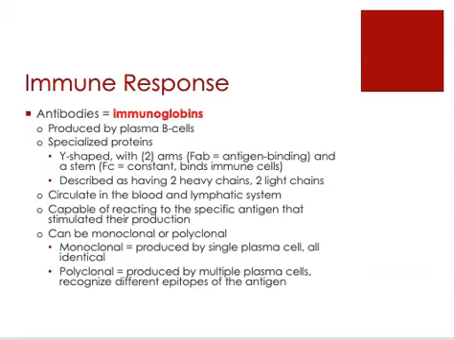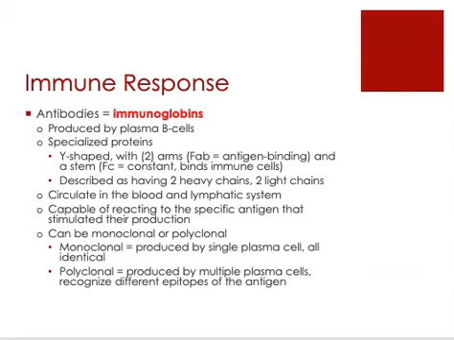Now, some other language that we need to be aware of is this language that describes an antibody as either being monoclonal or polyclonal. The term monoclonal translates as one clone, and we define it as being produced by a single plasma cell.